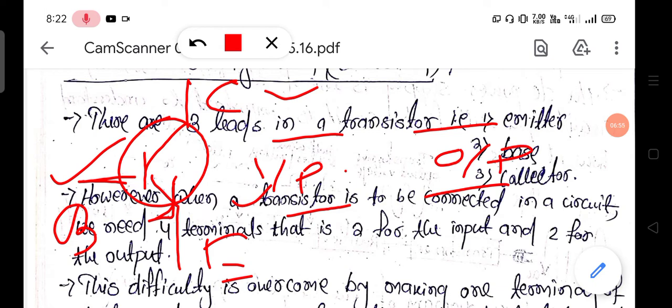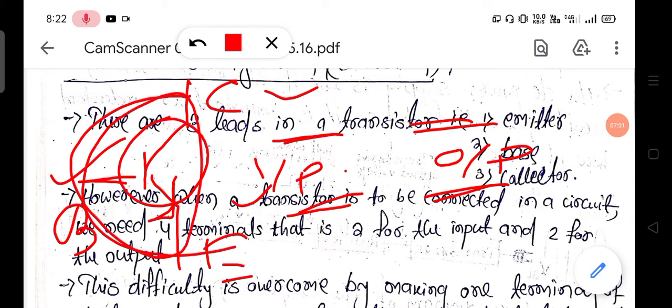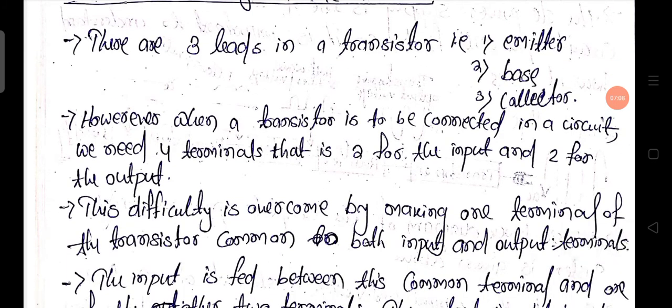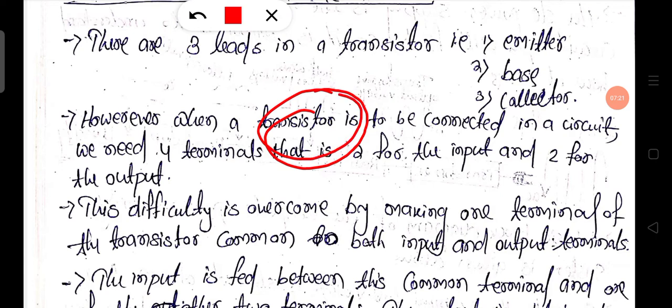So how can we get from three terminals to four terminals? We can do it by making one terminal common for both output and input.